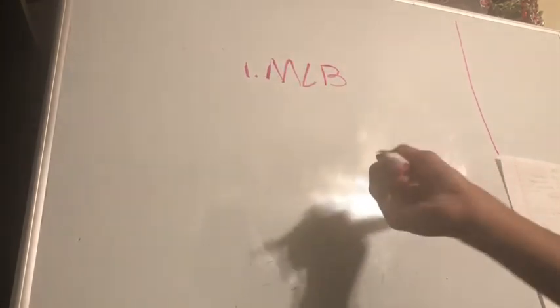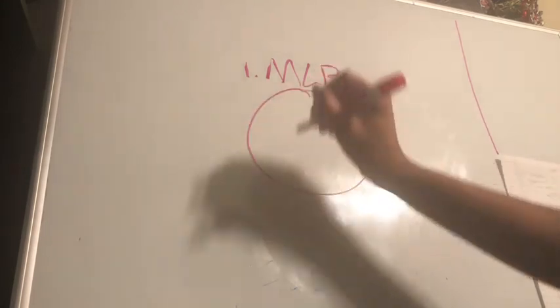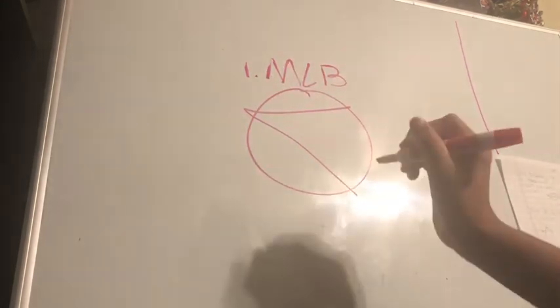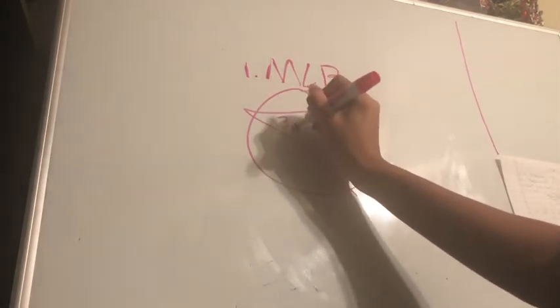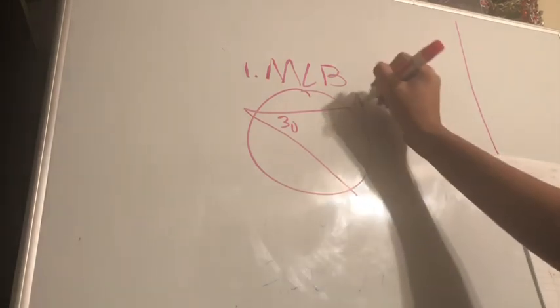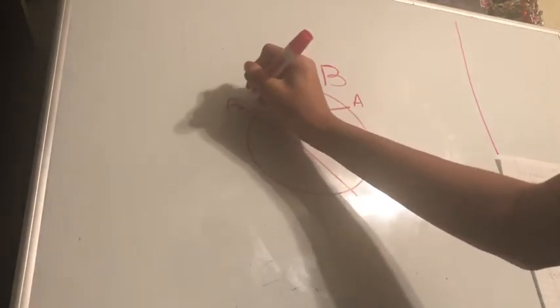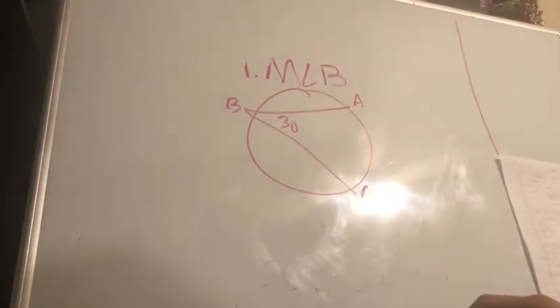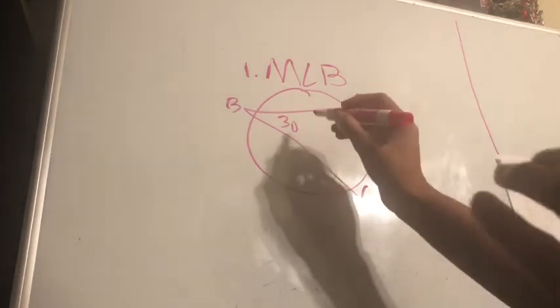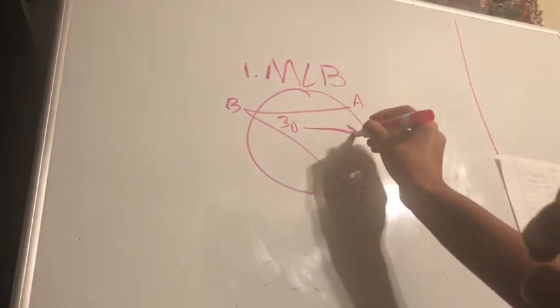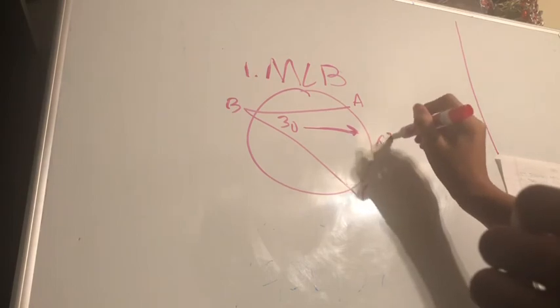So for number 1, we'll find measurement B. And since 30 is our inscribed angle, or measurement, okay. So since 30 is inside the circle, we want to move out. We want to figure out what this number is here.